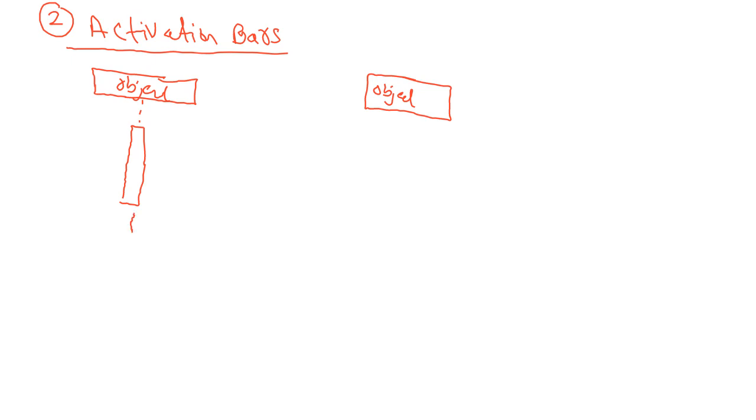What is the meaning of this box? It indicates that the object is active or initiated during an interaction between these two objects, object 1 and object 2. During this interaction, this object is active. The length of this rectangle indicates the duration of the object staying active, so this object is staying active for this duration of time.